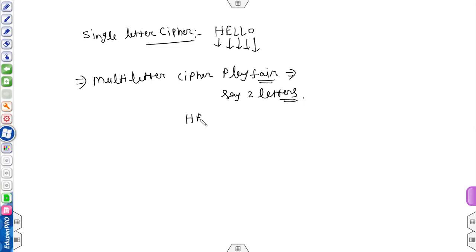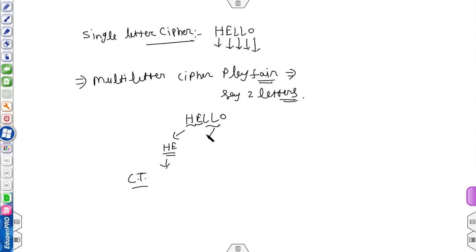If the message is hello, we make pairs. The first pair is HE, and HE will be converted into some ciphertext, definitely of two letters.